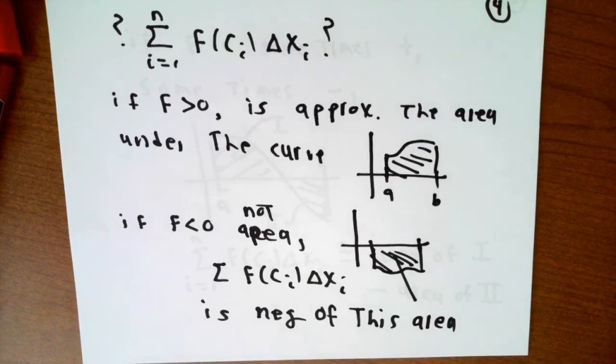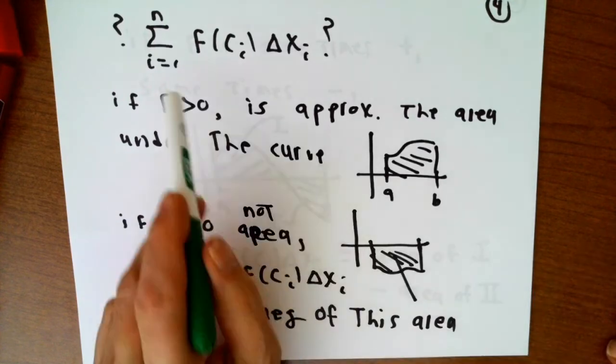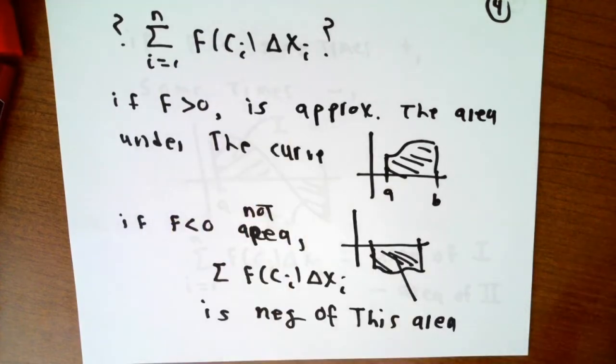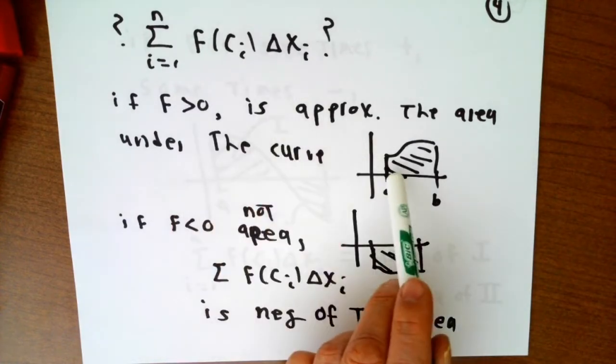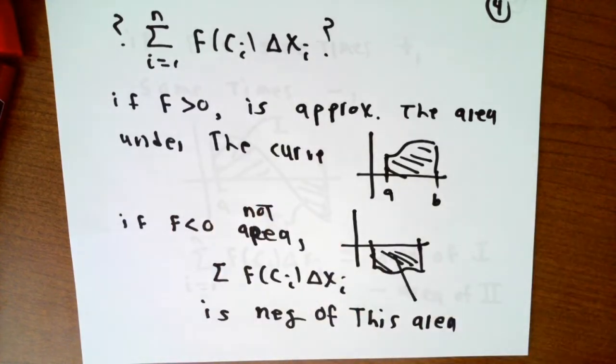Still, presuming for the moment that function f is positive, this sum is the sum of approximations to areas under small chunks of the curve. This sum is approximately the area under the curve when the function's positive. If the function is negative, though, then this sum is not going to represent an area.